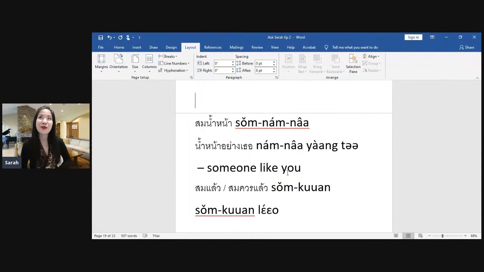For example, if someone wants to ruin or destroy my reputation and tries to make up stories to make me look bad, and in the end she faces the consequences herself, she faces the ill intention she had towards me, so it goes right back to her, then I would say, ha ha ha, som nam na. Yeah, it serves her right. So yeah, I would say that.